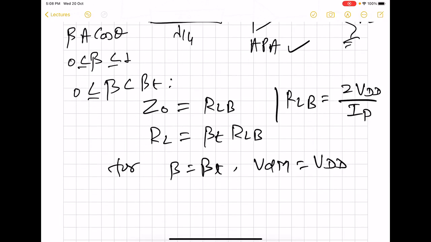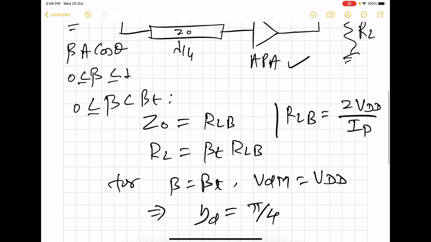And when this happens, the efficiency becomes equal to the maximum, equal to that of the class B case. So main power amplifier attains the maximum swing and maximum efficiency for this input.